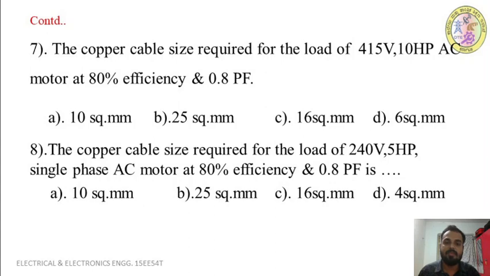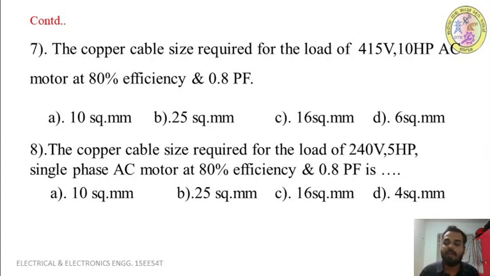So what is the cable size required? To calculate the cable size you first have to calculate the load current. The approximate load current can be given by HP into 1.6, that is 10 into 1.6, which becomes 16, right? You have to multiply by the factor of safety as 2, so it becomes 32 ampere.